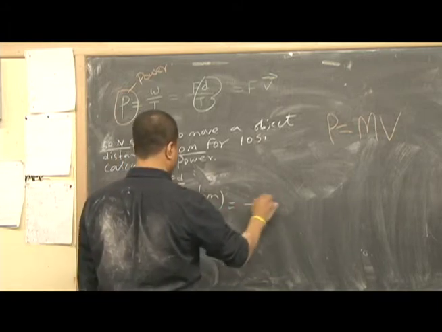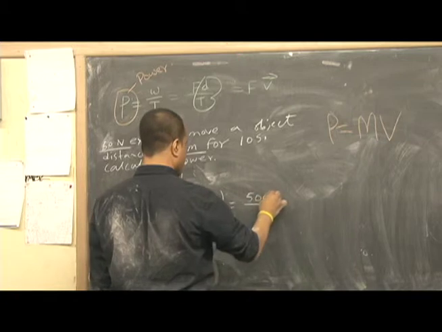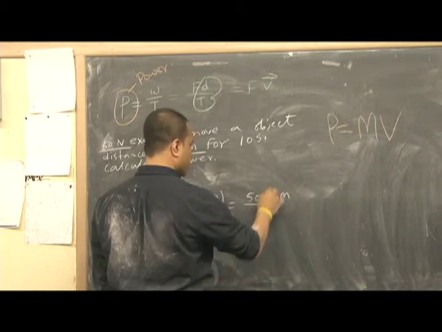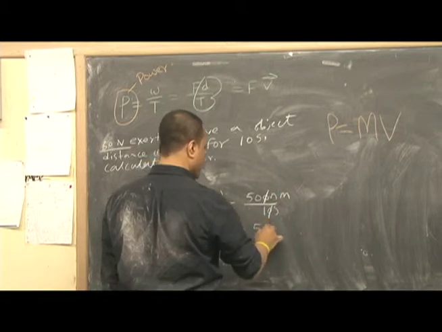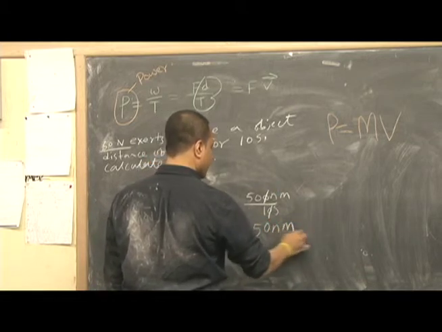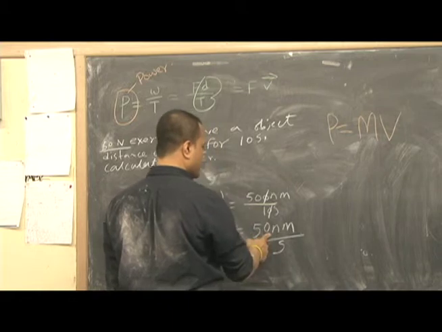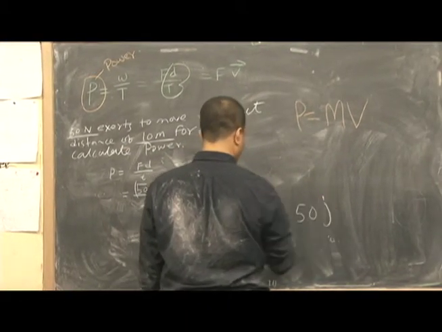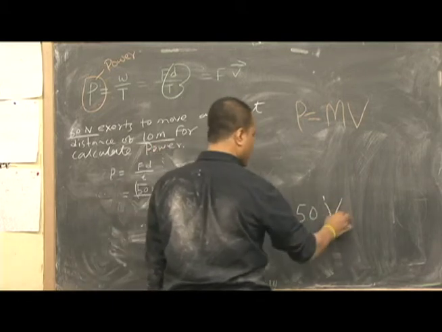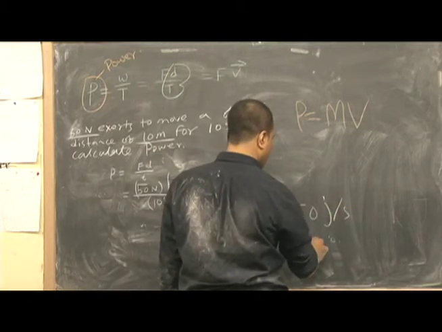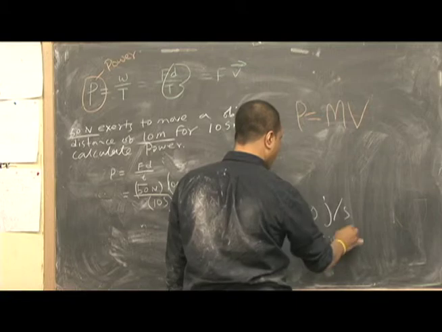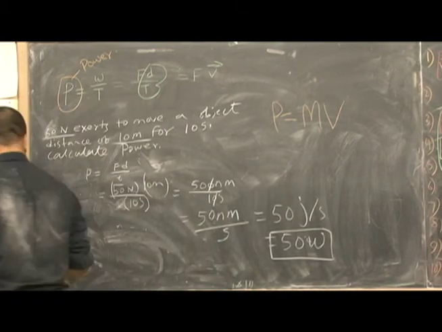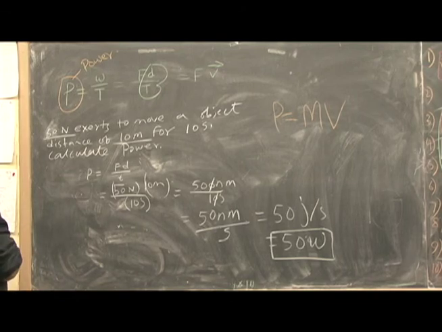So 500 Newton meter over 10 seconds. So it's going to be 50 Newton meter per second. What is Newton meter? Joule. So 50 joule per second. What is joule per second? It is 50 watt. So we use the unit watt for power.